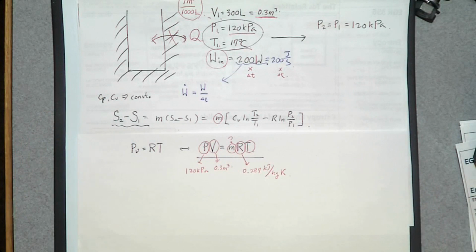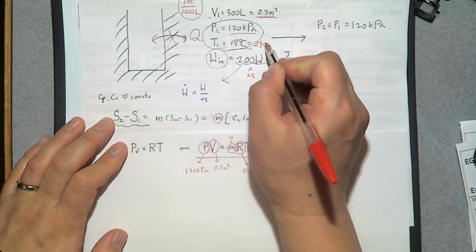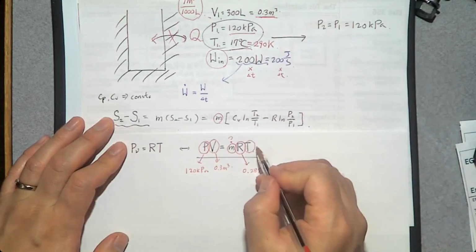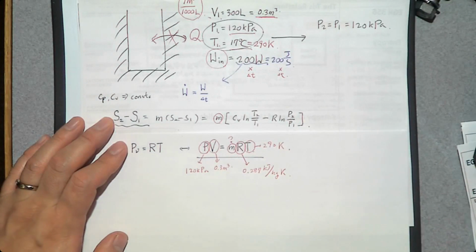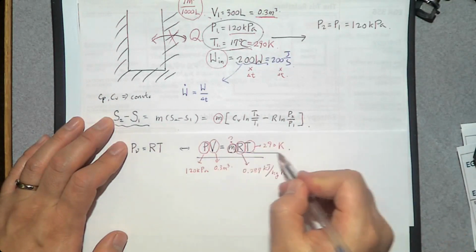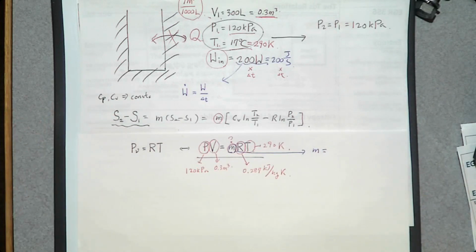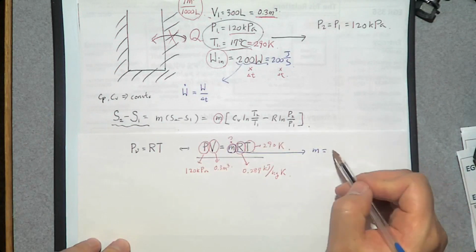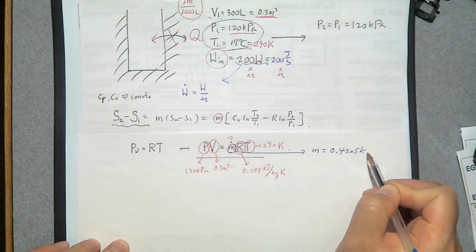So it's not 17 degrees Celsius, you have to say 290 Kelvin. And from this, you can determine the mass, which is 0.4325 kilograms.